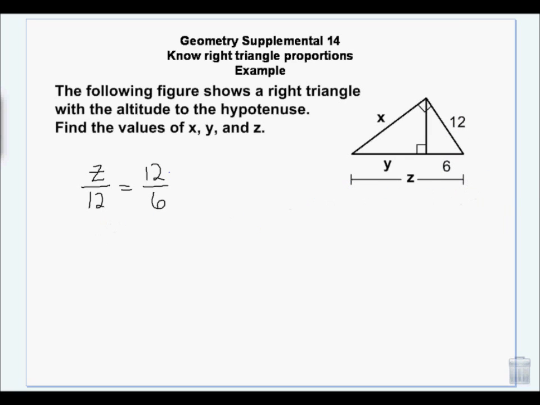So I'm going to cross multiply this, and I get 6z is equal to 144. Divide both sides by 6. Oh, what was it? 24? And you get z is 24.